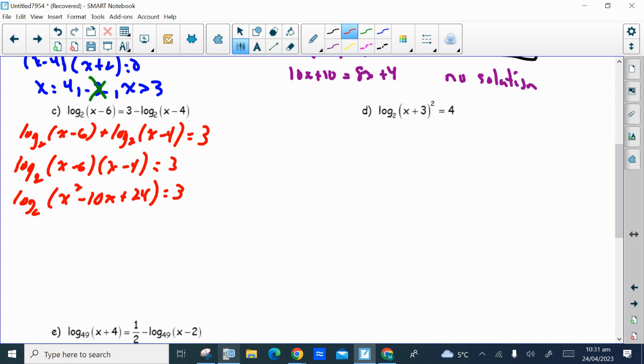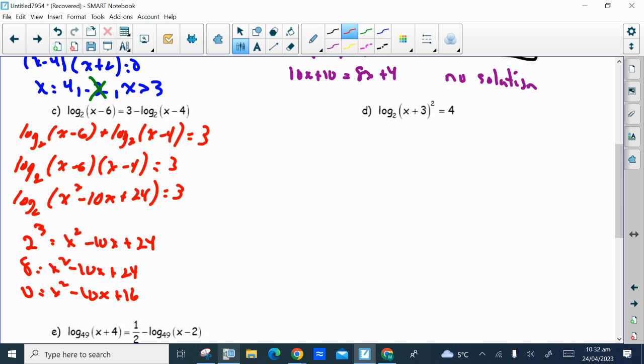And then once again, we will convert from logarithmic to exponential. We'll start with the base and cycle through. 2 cubed is 8. We're going to subtract the 8 from both sides, and we'll get x squared minus 10x plus 16 equaling 0.